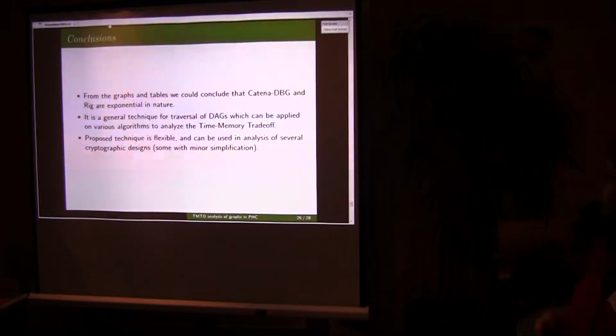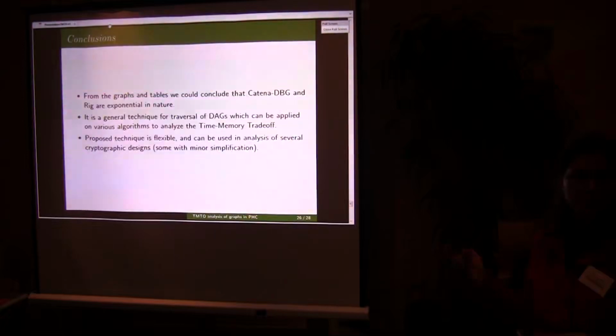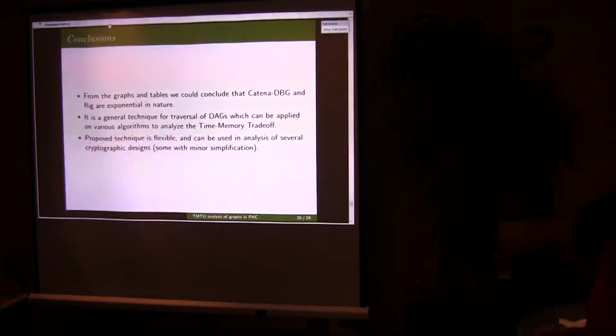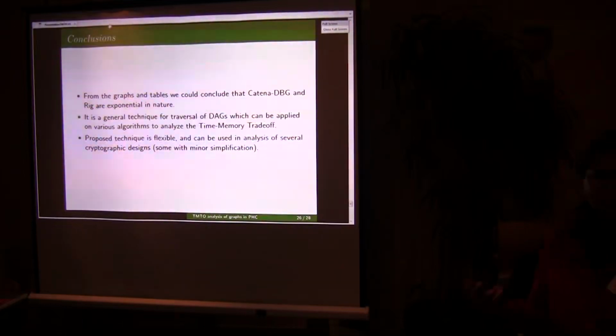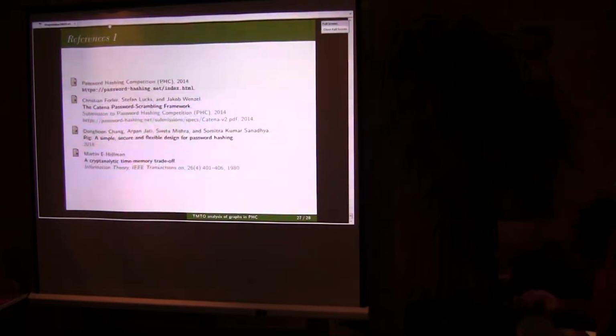And from our knowledge, this is the first approach to analyze the time-memory trade-off for an algorithm which can be represented with a directed acyclic graph. So this is a simple technique, and we think we can extend it for many other cryptographic constructions. Till now we have only analyzed Rig and Catena, and that's all. These are some references.